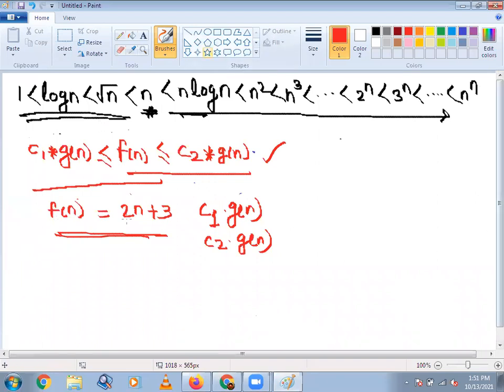We'll take the upper bound first, that is f of n is less than or equal to c2 into g of n, that is 2n plus 3 is less than or equal to 5n, where c2 is any positive constant and n is greater than or equal to 1. Satisfies this equation?